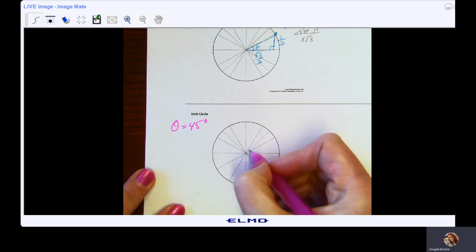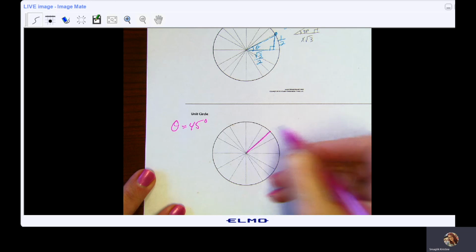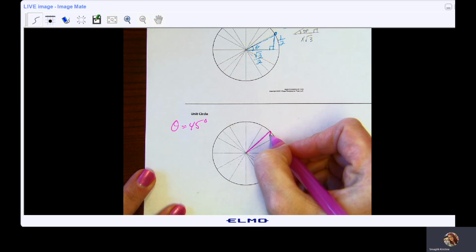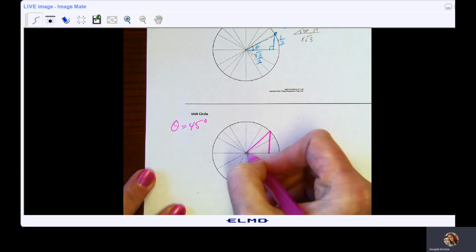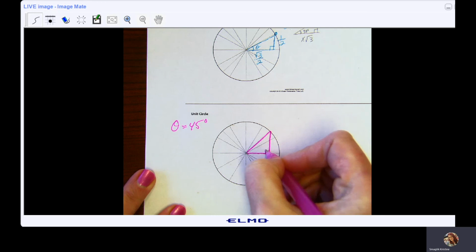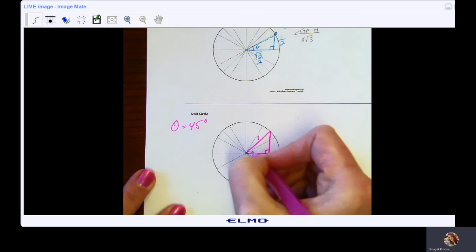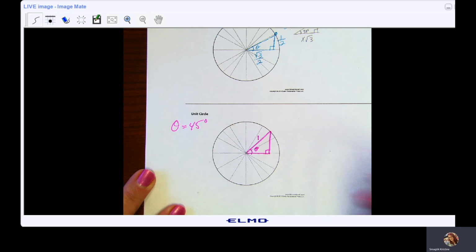Okay, 45 degrees is right here. And again, I'm going to create that line perpendicular to the x-axis. A radius of 1. Here's my angle theta at 45 degrees. Let's carry this over into right triangle trig.